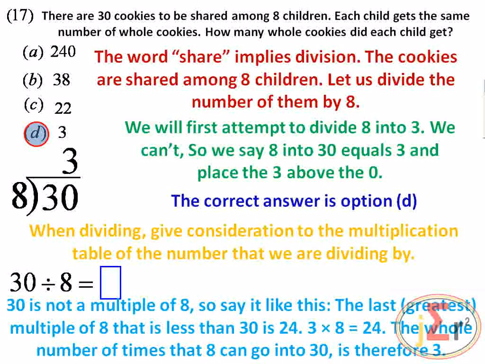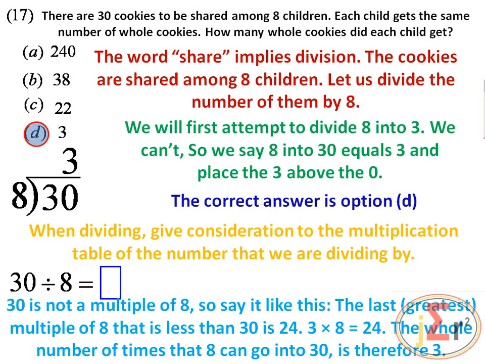30 is not a multiple of 8. So say it like this. The greatest multiple of 8 that is less than 30 is 24. 3 8s, 24.